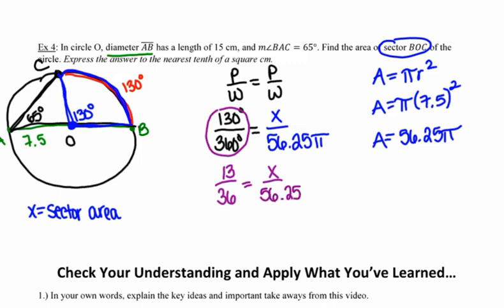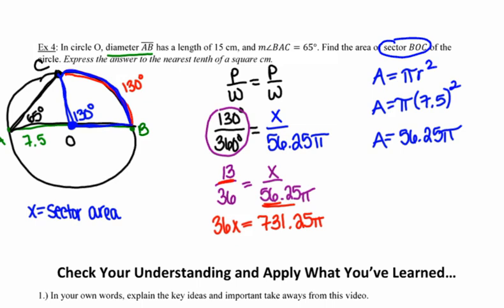And again, it's a matter of cross multiplication in order to solve. The cross product in one direction is 36 times x. The cross product in the other direction is going to be 731.25 times pi. I simply got my calculator out and multiplied the 13 times the 56.25.